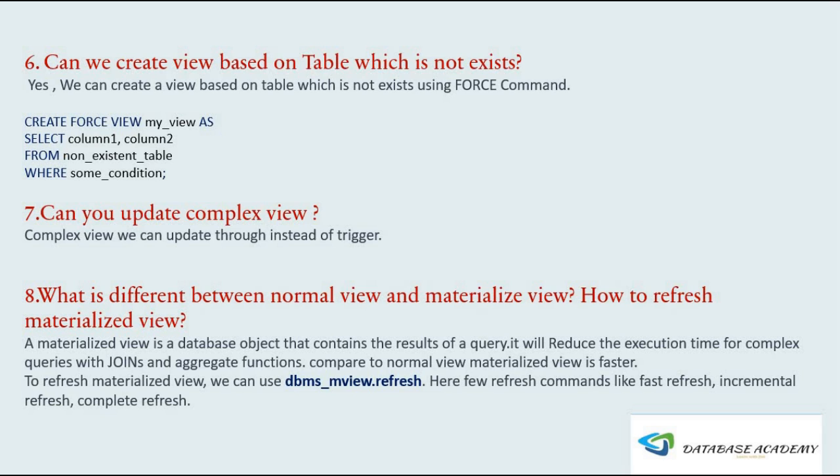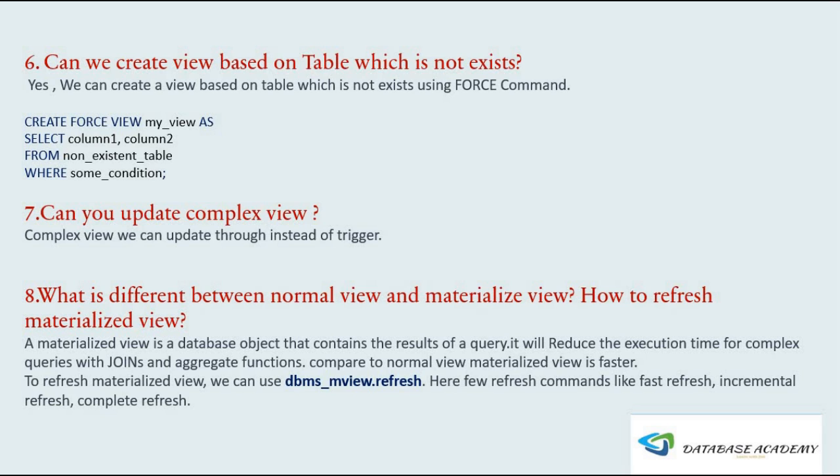Next question is, what is the difference between a normal view and a materialized view, and how to refresh a materialized view? As I said previously, a materialized view holds the data like the base table, but a normal view does not hold the data. It is just based on the select statement.